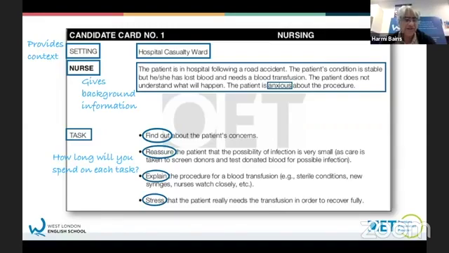And the first task, find out, is very quick. So in those 3 minutes, just try to plan, just think, how long do I need to spend on each task? Okay, after find out, we've got reassure, and then it says explain. And that's really what we're going to be looking at in this lesson, about explaining information, because it's something common, it's something you have to do in almost every role play.